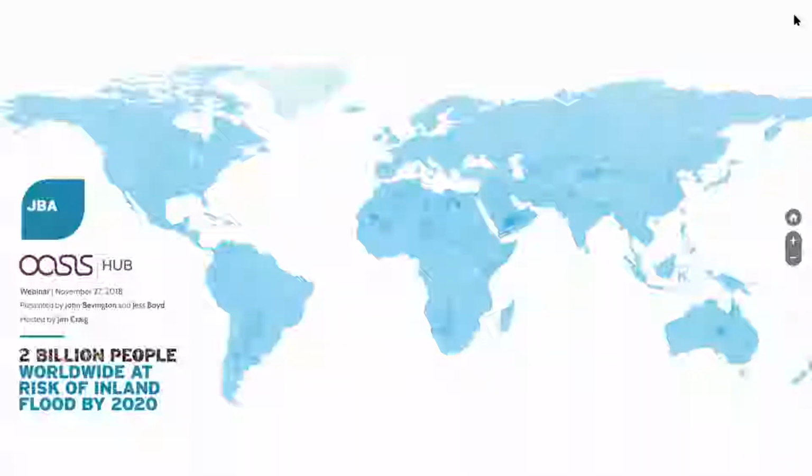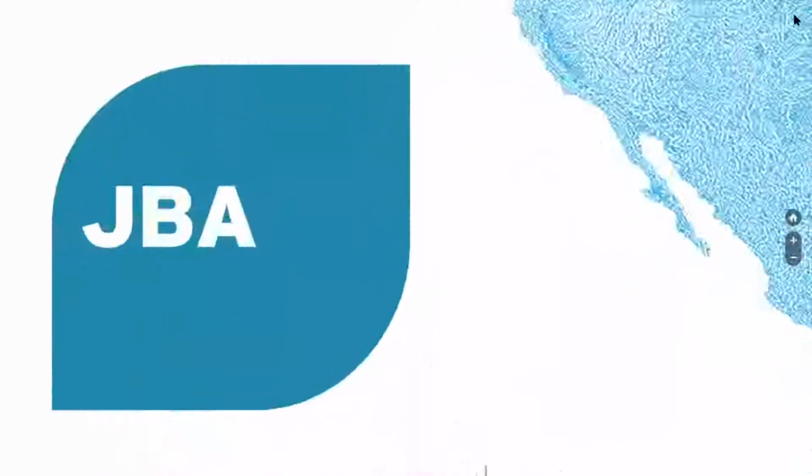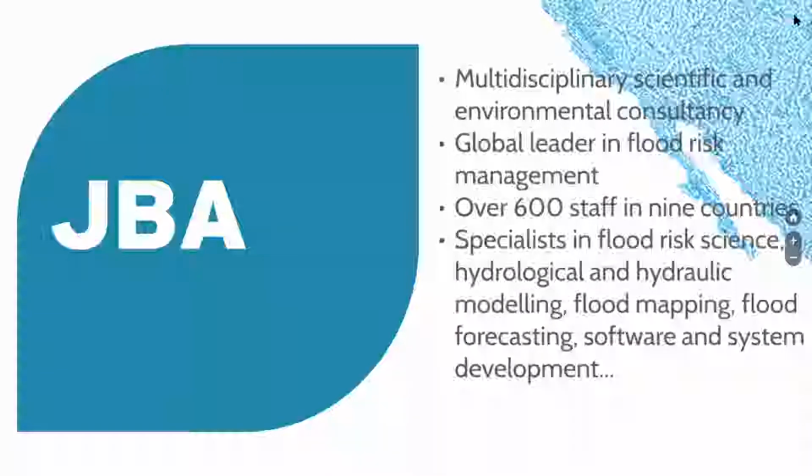Yes, no problem. Well, for those that don't already know about JBA, we're an award-winning multidisciplinary group of companies delivering professional services across a wide range of water, environmental, engineering, and risk management specialties. Over the last 23 years, we've grown several teams of specialists in flood risk science, hydrological and hydraulic modelling, flood mapping, flood forecasting, software systems development, just to name a few of our teams.